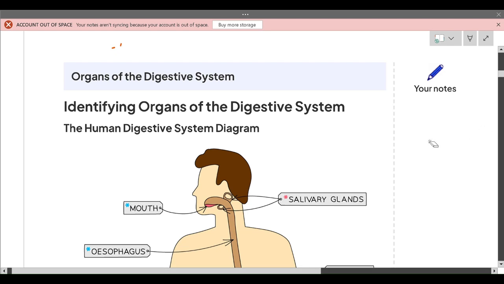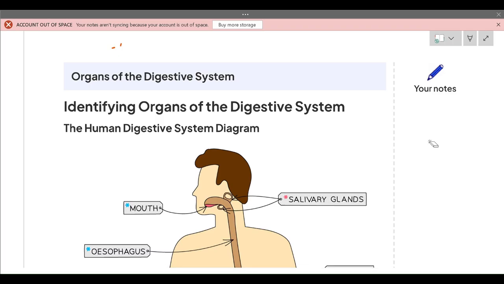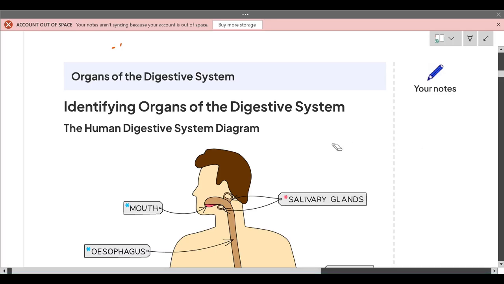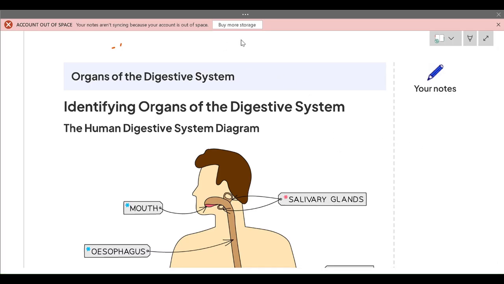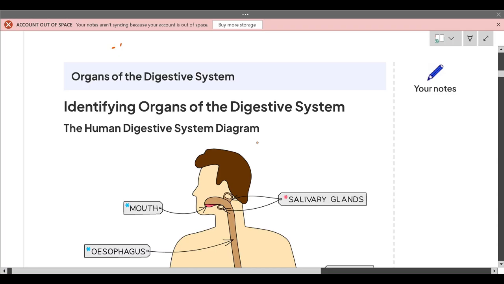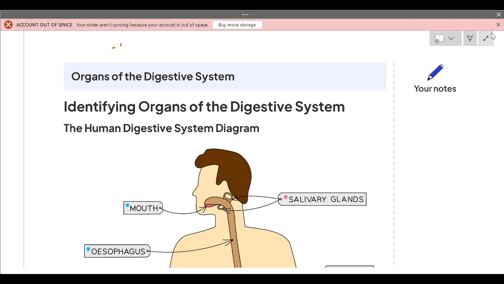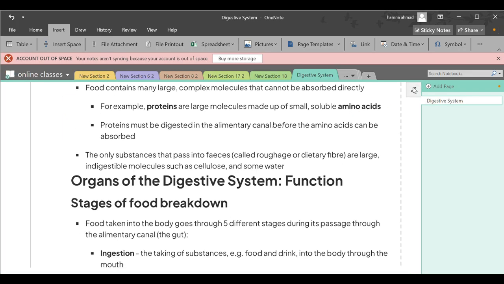Let's start our today's session, and before starting, let's have a quick recap of what we did yesterday. In our previous lesson, we discussed the identification of different types of organs associated with the digestive system.